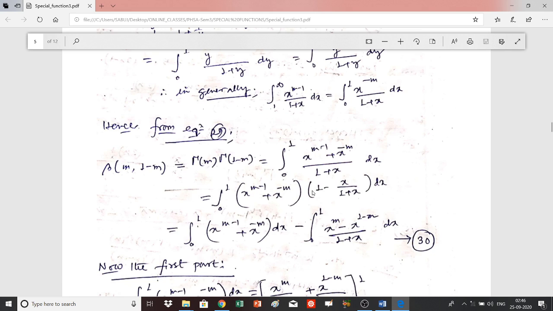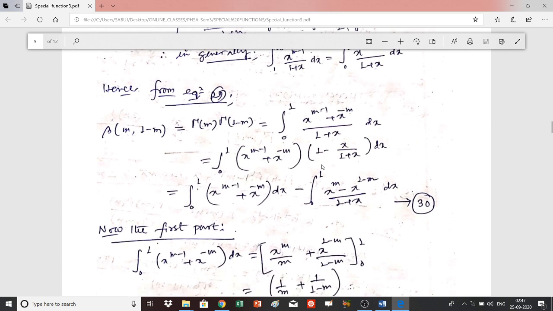If you multiply these and these, it will give x to the minus m, and these will give you x to the power m, and from here these and these will give you x to the minus m. Just compute this, it will give you nothing but this. It is not required to prove it, but you can do it.